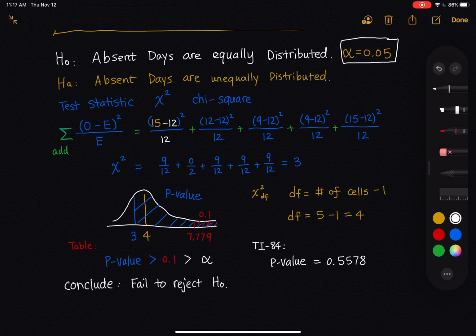As you can see, it is greater than 5%, so we fail to reject the null hypothesis. What it means is at a 5% level of significance, from the sample data we observe, there's not significant evidence to conclude that the absent days do not occur with equal frequency, or are not equally distributed.